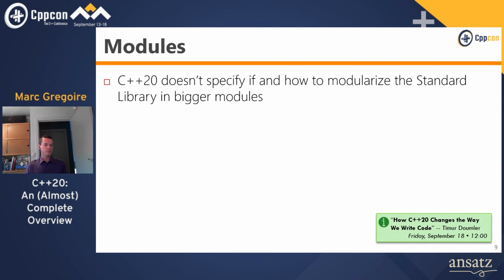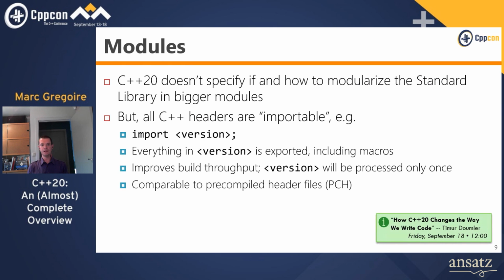So C++20 provides all the machinery for support for modules, but it does not specify if and even how to modularize the standard library itself. But all C++ headers in the standard are so-called importable. So instead of writing hash include version, version is one of the new C++20 headers, you can simply write import version.